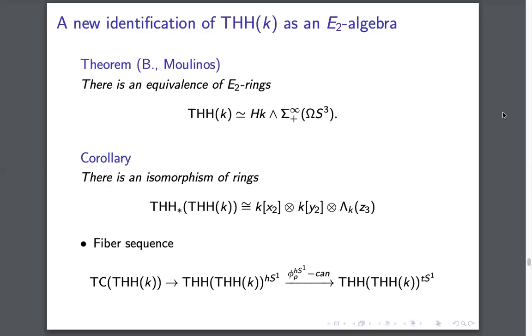But there are funny things going on there. For example, what we did is I used the fact that S3 is a group, right? It just happened to be the case that S5 is not a group. You can't go up, these spheres are not groups. Otherwise, you have just S3, S1 are groups.